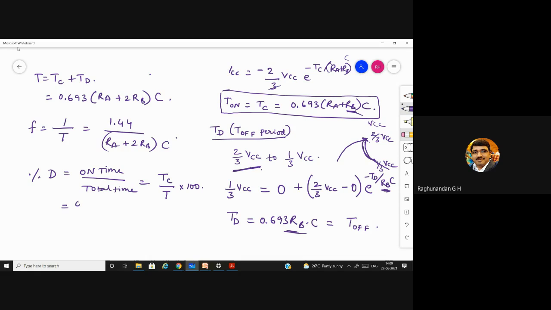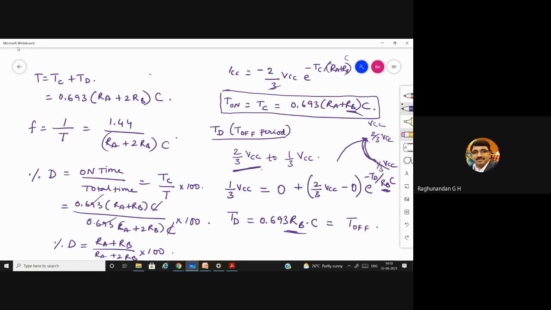That gives 0.693 into RA plus RB into C divided by 0.693 into RA plus 2RB into C. That cancels, leaving 100. So finally we have the equation RA plus RB divided by RA plus 2RB into 100. From this, we can find the percentage duty cycle.